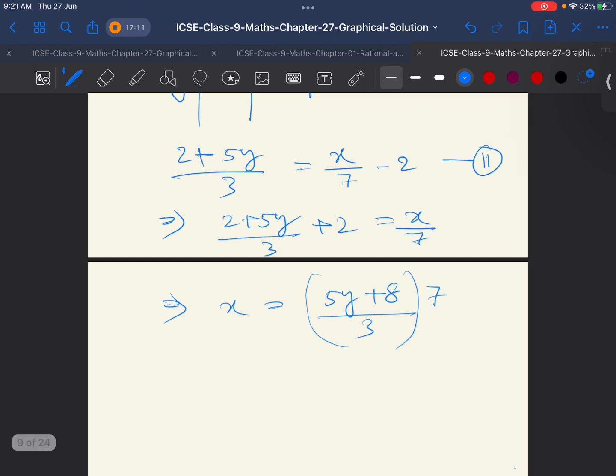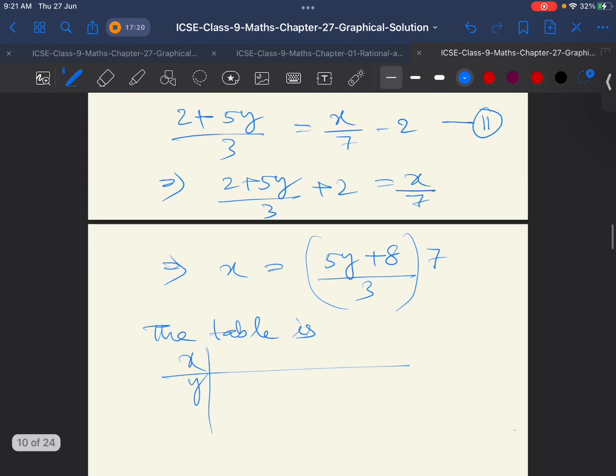Okay, so the table is, when we put y equals minus 1, then x is 7; y is 2, x is 42; y is minus 4, x is minus 28.